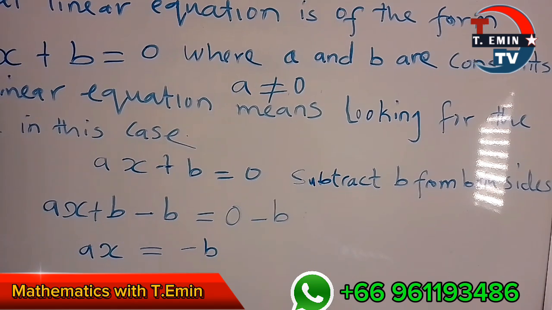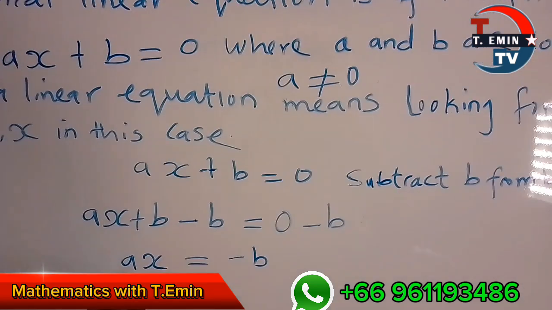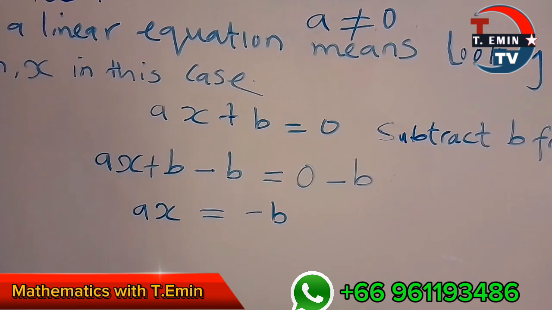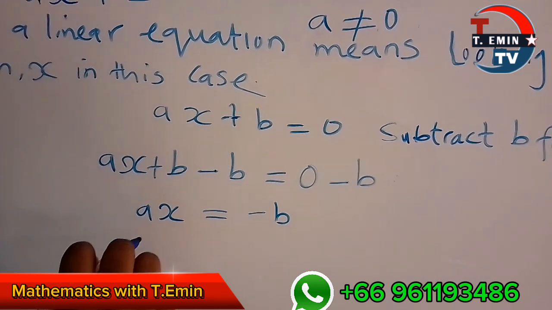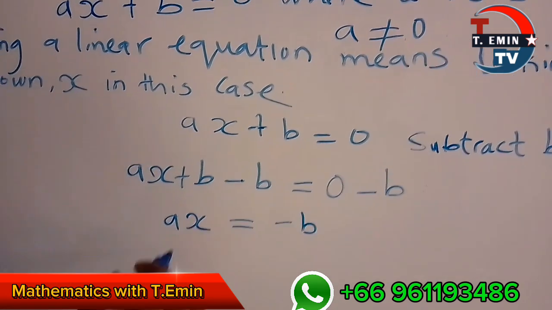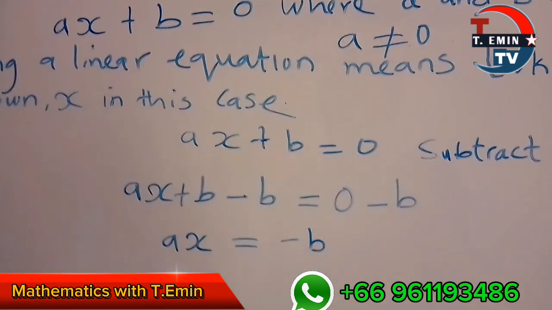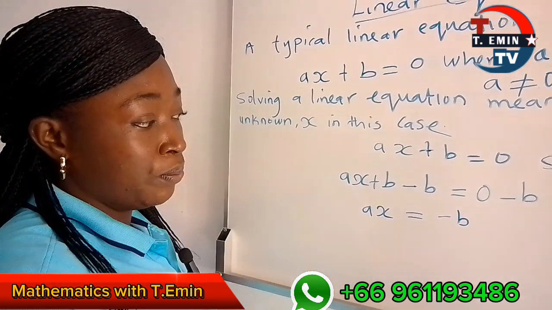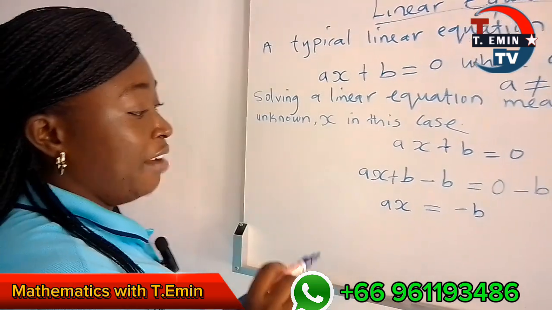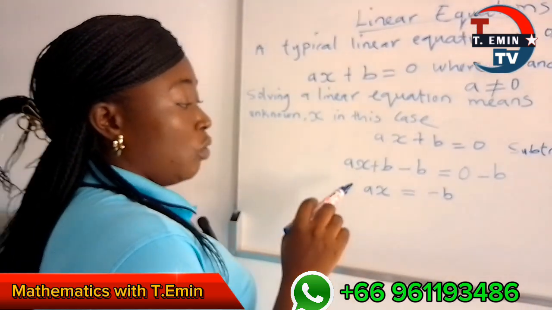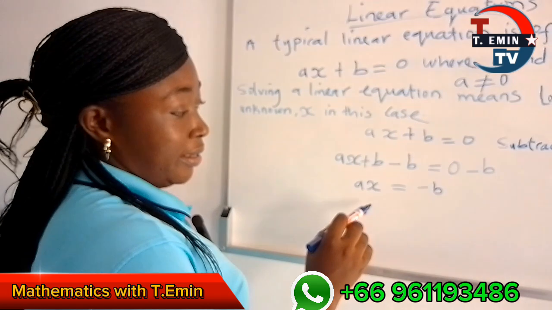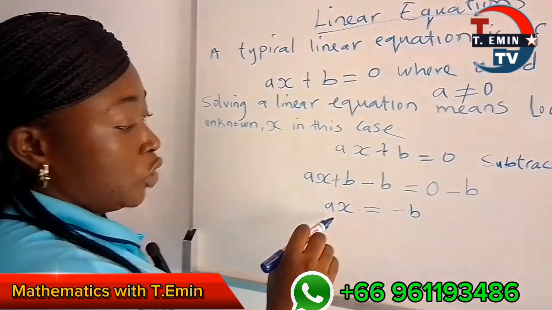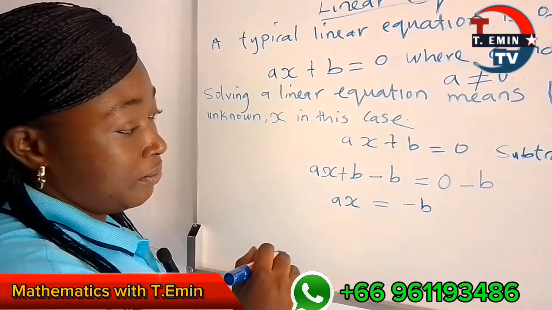The next step is, what are we going to do to get x only? The only thing we can do here is to divide both sides by a to eliminate a from x. So x should be alone. And we must note one thing: whatever we are looking for is always on the left hand side. So if I'm solving for anything, it is supposed to be on the left hand side.